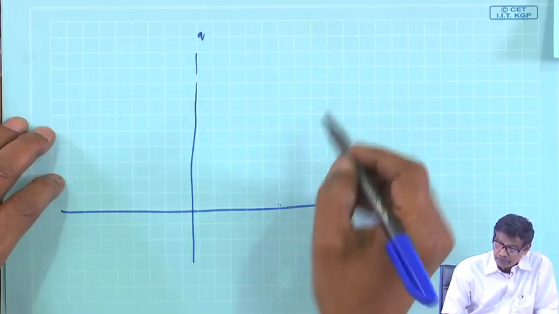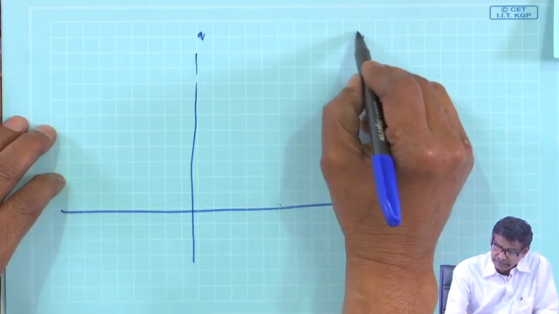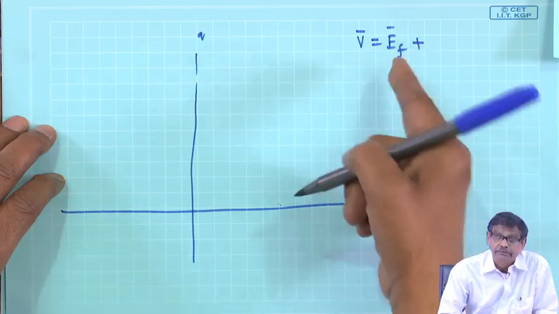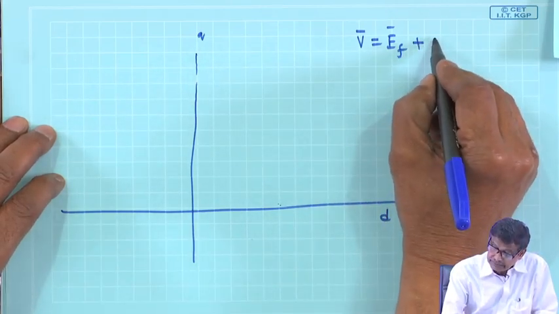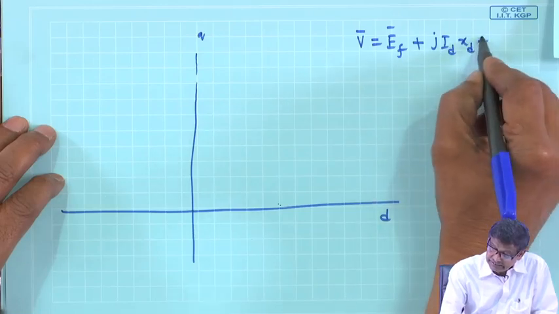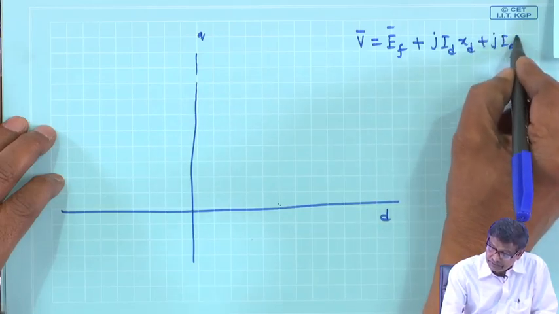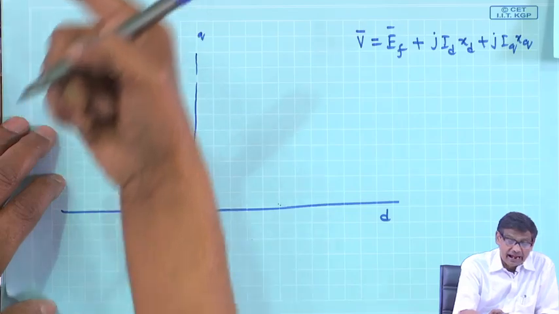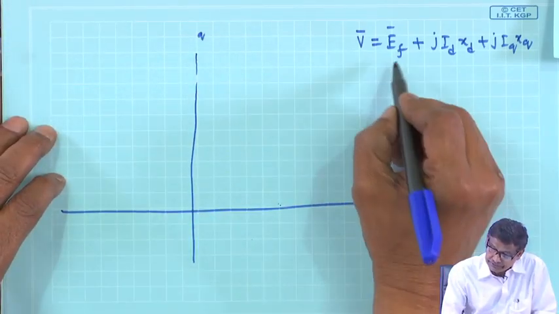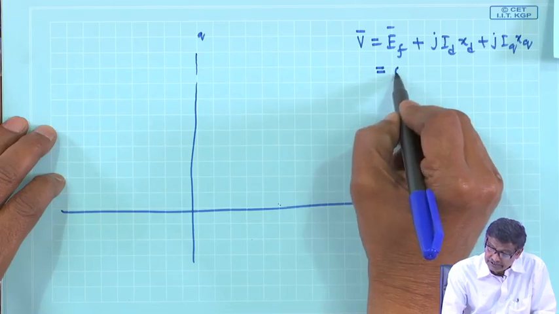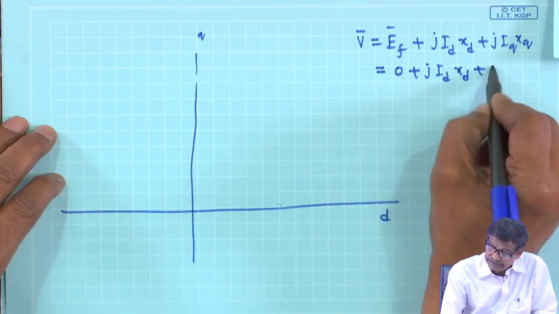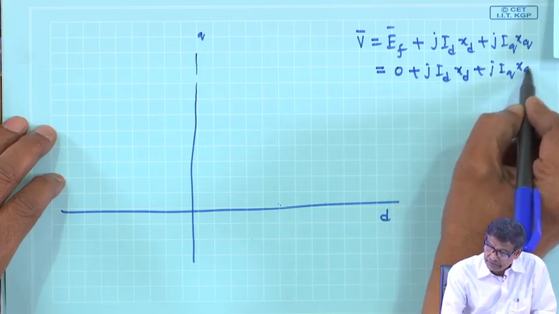But in case of motor, I was telling that I will start with EF. This is the thing you must be very careful about: V equals EF plus J ID XD plus J IQ XQ. Most probably while adding I started with EF and that is the confusion. So this EF is 0 plus J ID XD plus J IQ XQ.